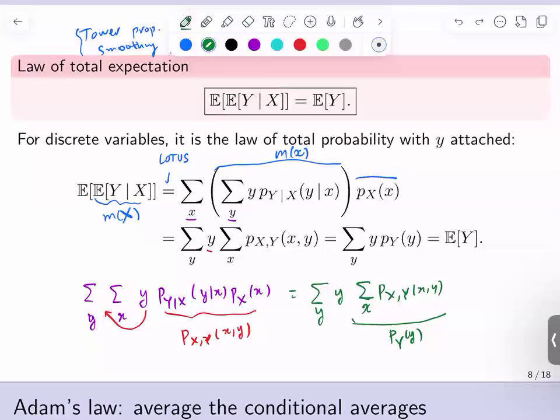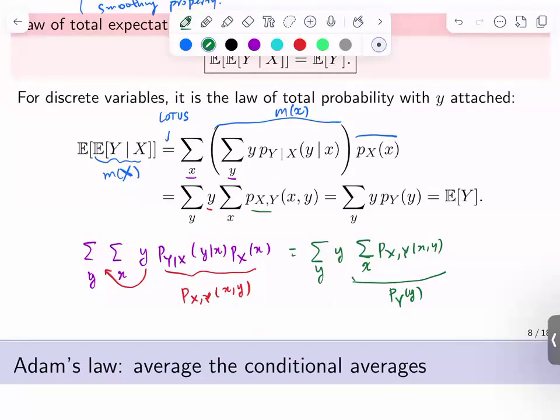Questions about this argument? You just have to realize that this is a new random variable, a function of x. I can use the law of the unconscious statistician to calculate its expectation, and then you just plug in, change the order of the two sums, and then use the definition of conditional density or conditional probability mass function to get the result.